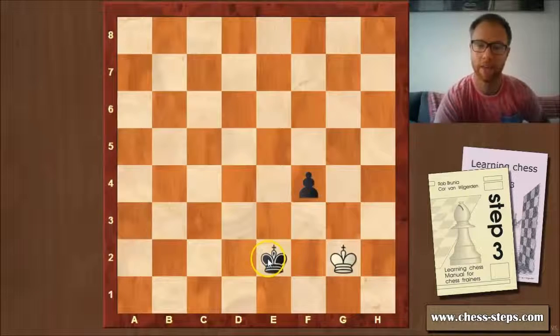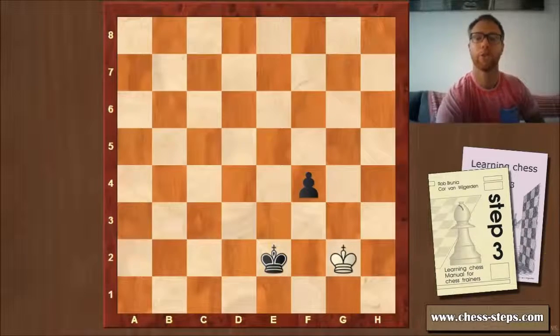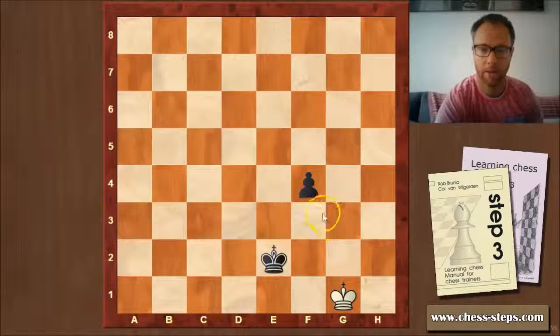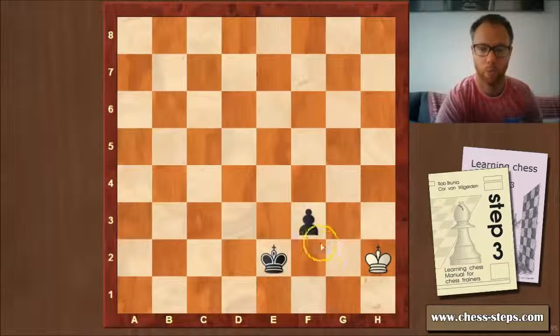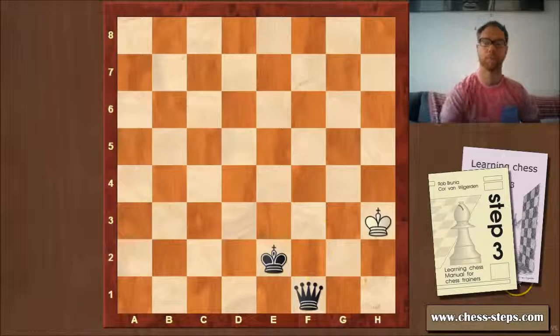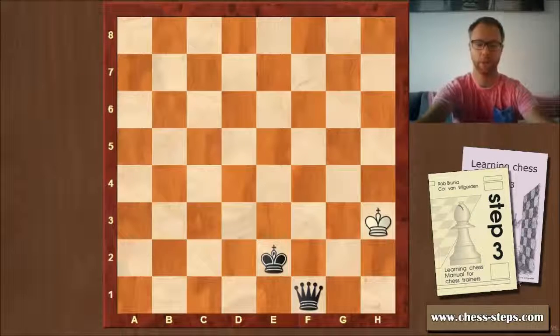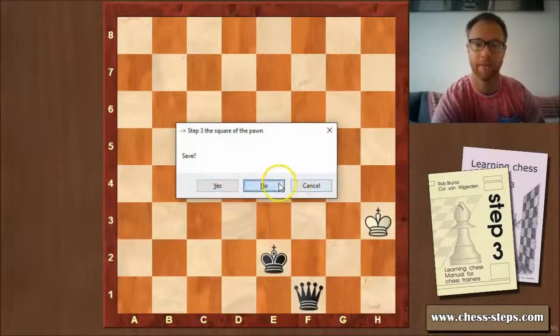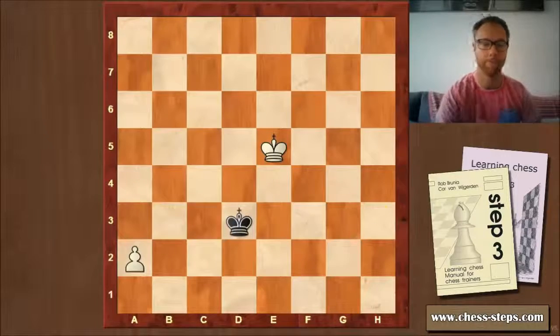And by placing our king on e2, we ensure the fact that it can actually pass without being endangered. Because now white just makes useless moves and we promote to a queen. So make sure you don't move your pawn too quickly, because sometimes you can use your king to help it.